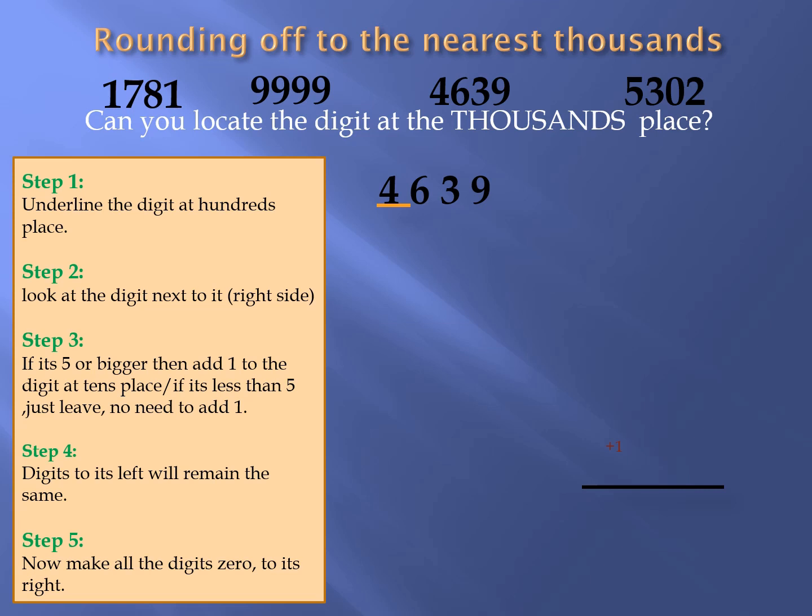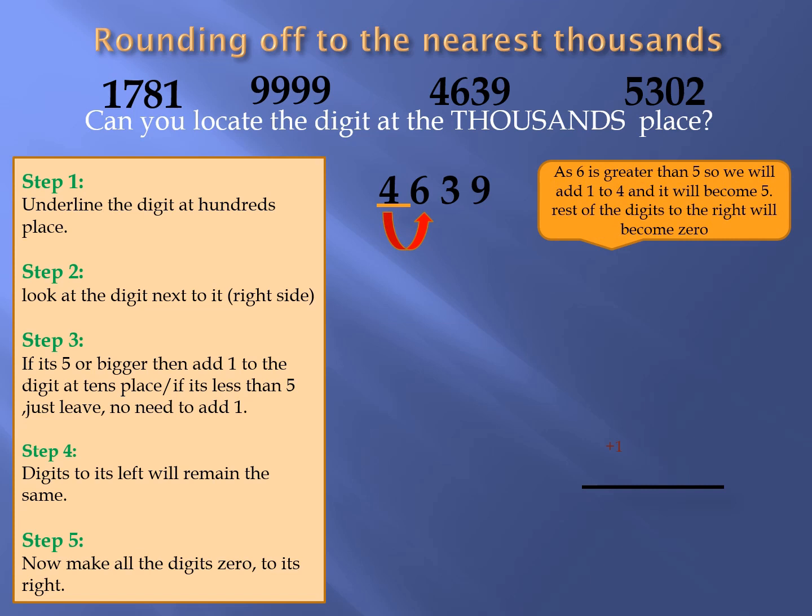So it is 6. When we have a digit 5 or more than 5, हम क्या करते हैं, we add 1 to the digit at thousands place. हम 1000 की place में 1 add कर देंगे. ठीक है.